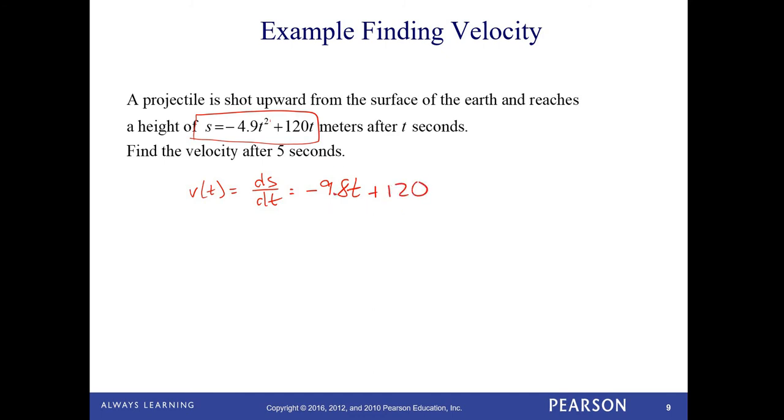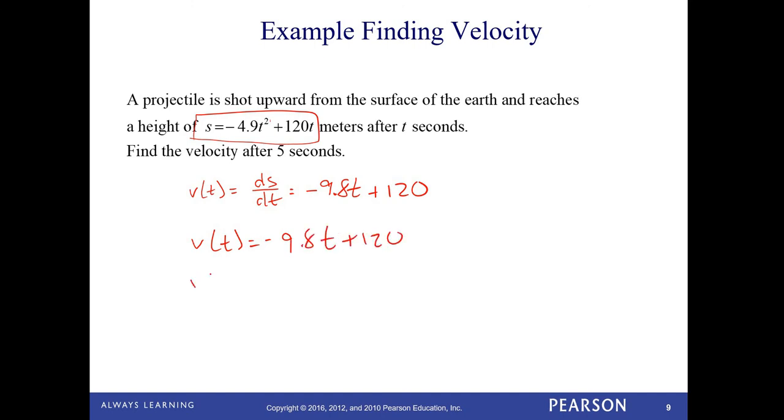So you can see where that 9.8 came in. We threw it upward, and then it's falling at a rate that applies to gravity. So now that we've got an equation for velocity, v of t equals negative 9.8 t plus 120.